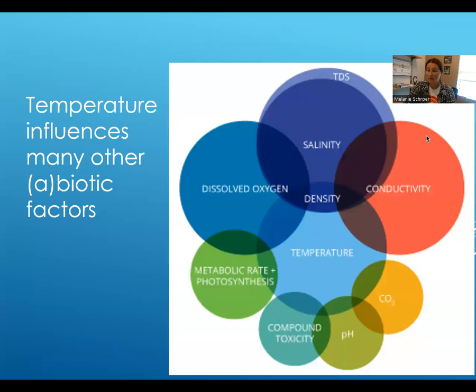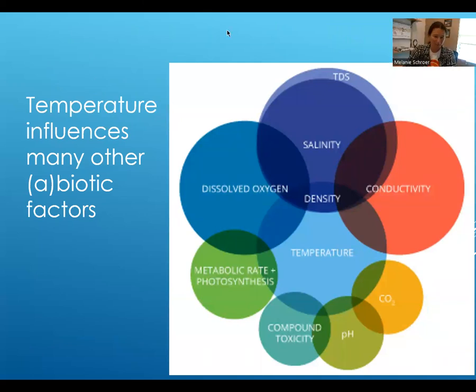And so what's the big deal about temperature? Right, we love warmer water, right? Well, temperature influences many other both biotic, living, and abiotic factors. In this lesson, we're just focusing on the abiotic factors and just starting to think about how they might affect different organisms. We can see on this graphic that temperature really is at the core of all of these different factors.